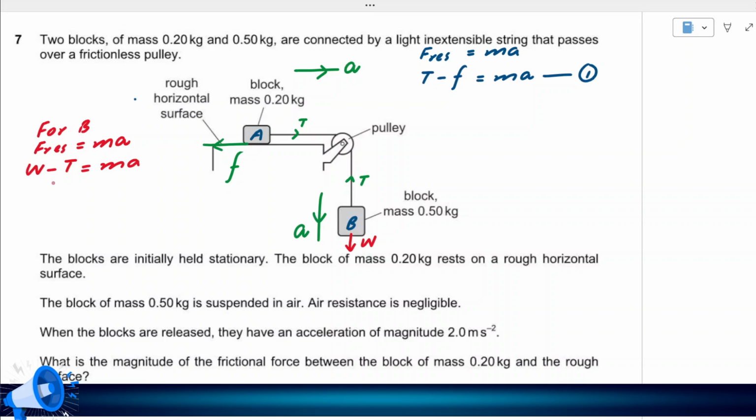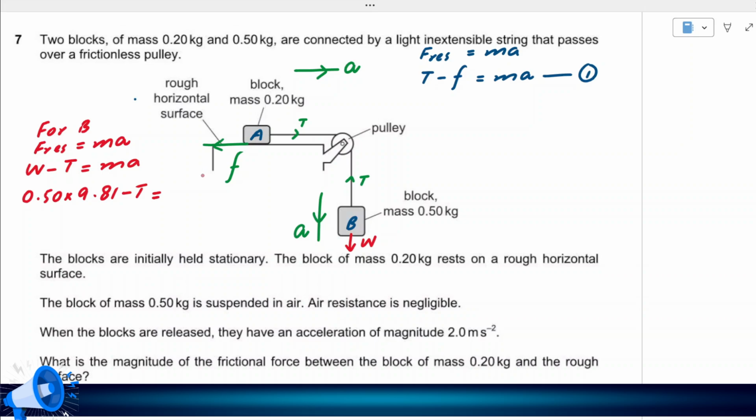So in this case, let us insert the values now. W is 0.50 times 9.81 minus tension as it is. We don't know the value of tension.